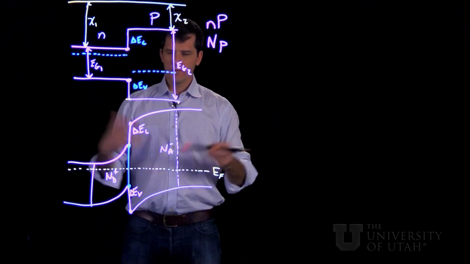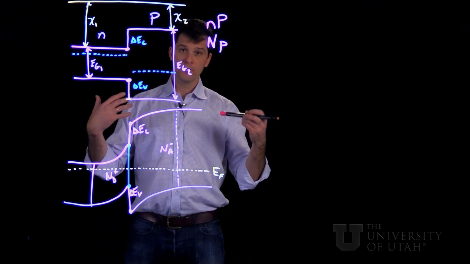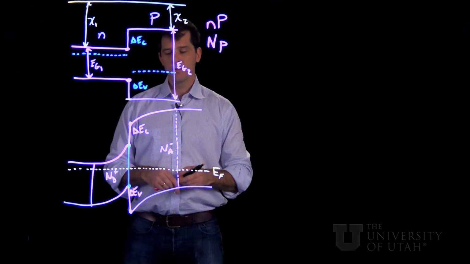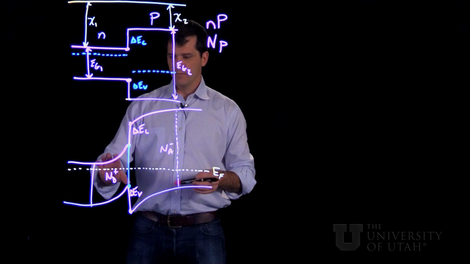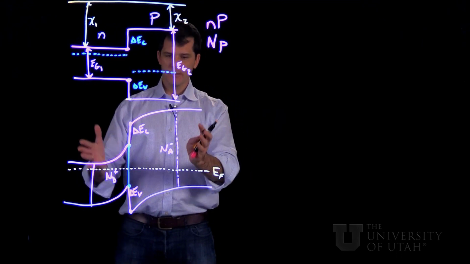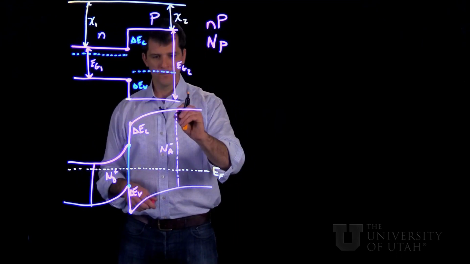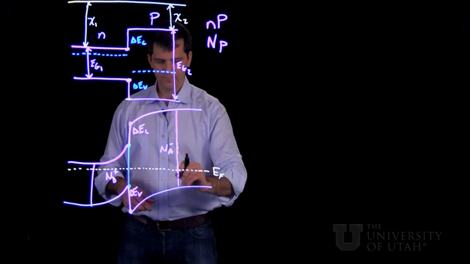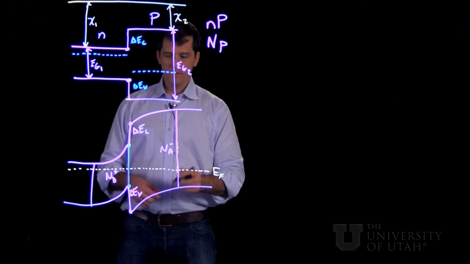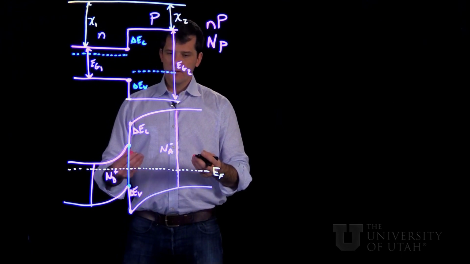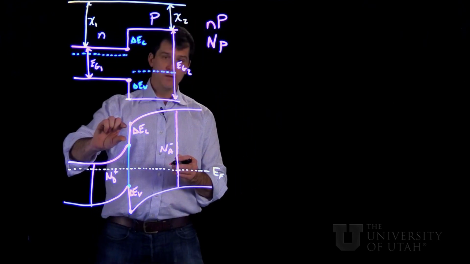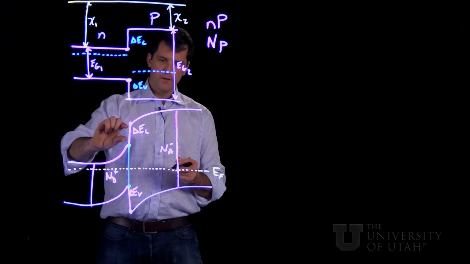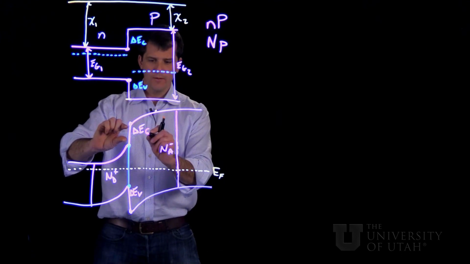So what's different and what's similar to our normal PN homojunction? Well, what's similar is that the band bending and the formation of depletion widths proceeds in the same manner. What's different is that we have to account for these band offsets.